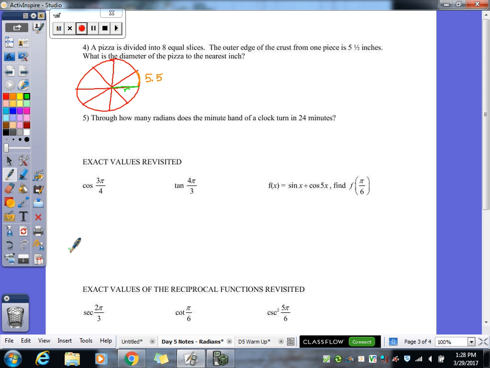The angle. Since it's 8 pieces, and there's 360 degrees total in a circle, how many degrees are in each wedge of pizza? 45. But in our formula, we have to use that as radian measure. So what did I tell you 45 was in radian measure? Pi over 4.